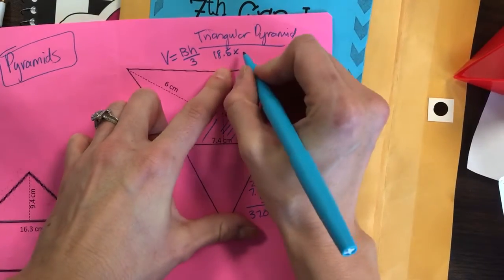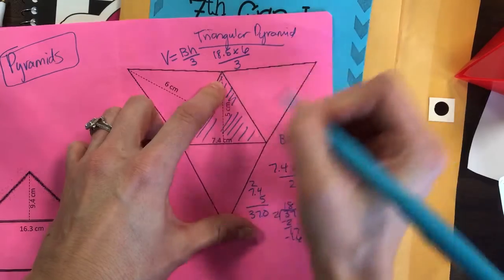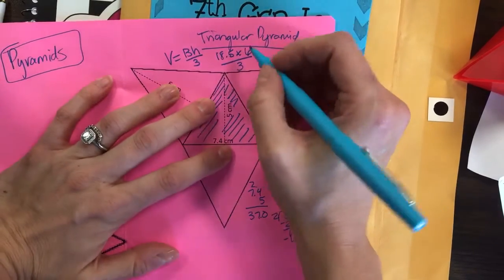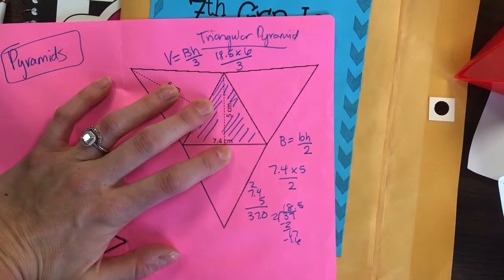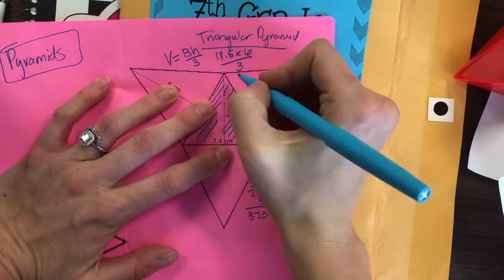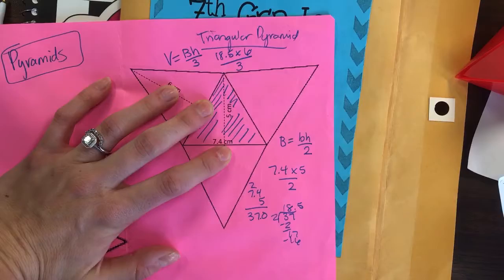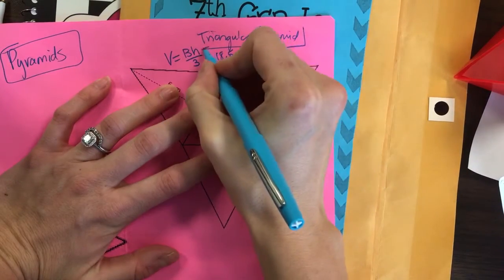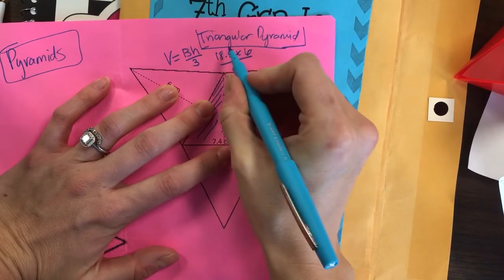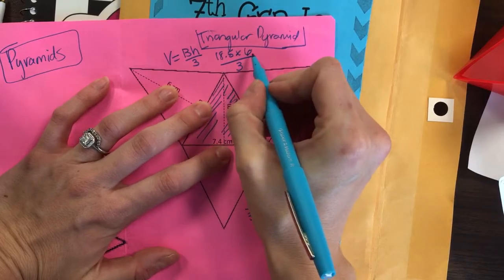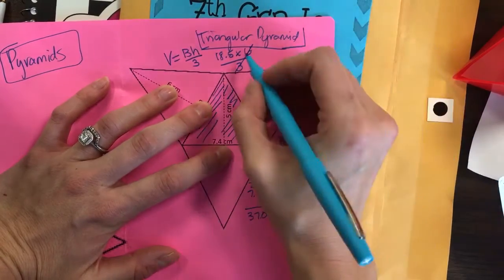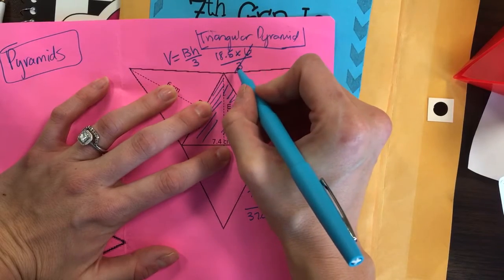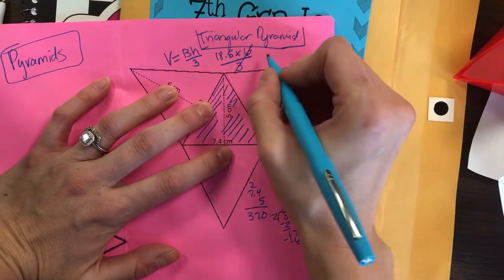So we would do 18.5 times 6 and then divided by 3. If you can kind of see that 6 can divide by 3 evenly, then you can make that shortcut. If you can't see that, and that's gonna throw you off, then work it out full on. Work out 18.5 times 6, then divide by 3. But if you're taking these notes, 6 can divide by 3. 6 divided by 3 would be 2.